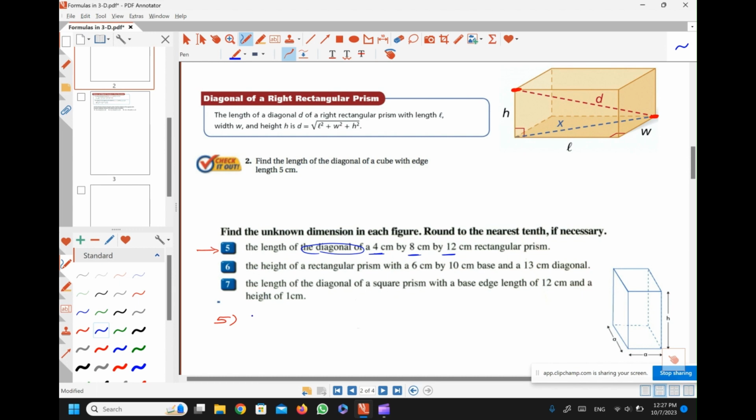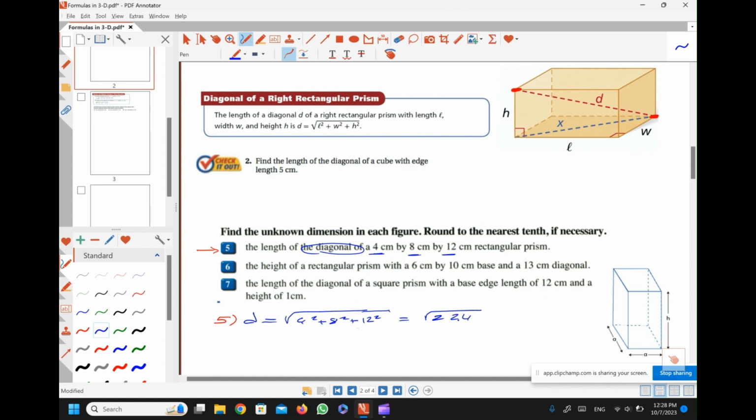So apply the diagonal formula: the diagonal equals the square root of the sum of squares of dimensions, which are 4 squared plus 8 squared plus 12 squared. What do we have? 4 squared is 16, 8 squared is 64, 12 squared is 144. When you add them up, you'll get 224.